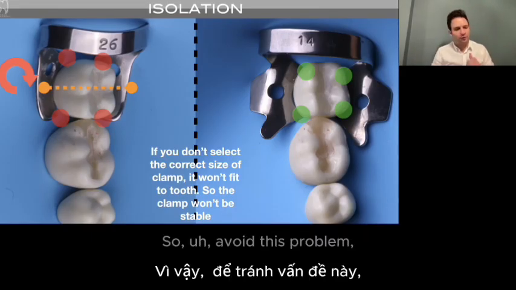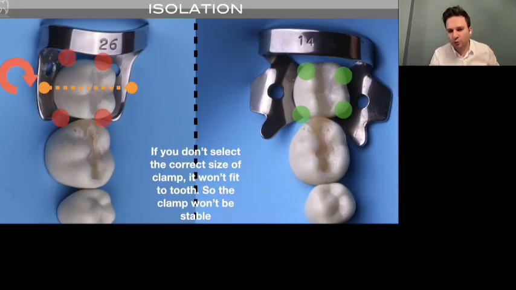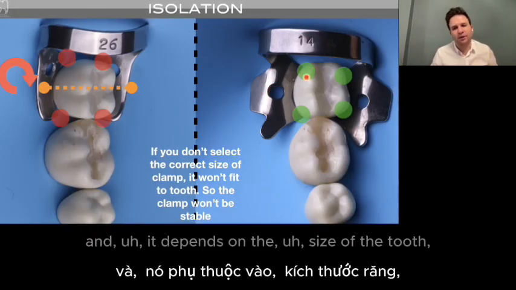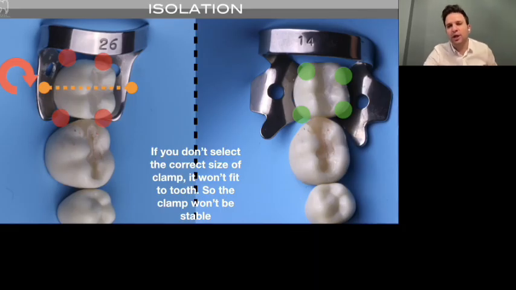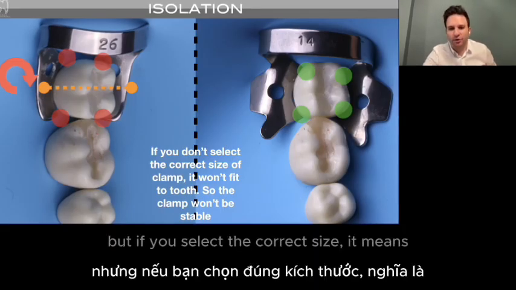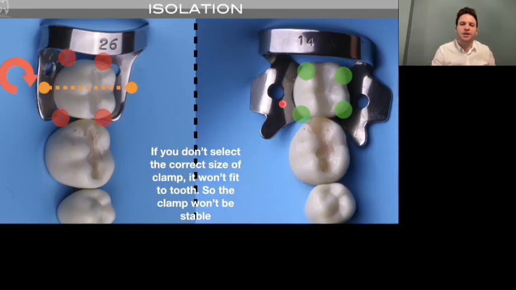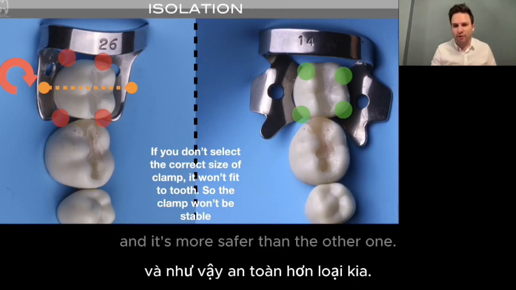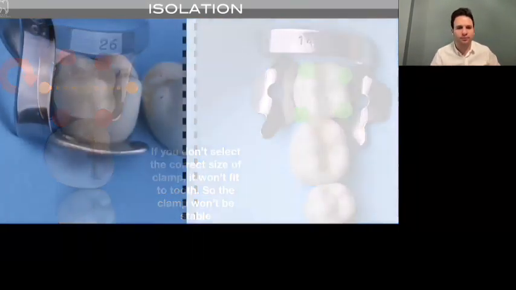To avoid this problem, we must select the correct size of clamp, and it depends on the size of the tooth. If you select the correct size, it must touch the tooth at 4 points, and it's safer than the other one.